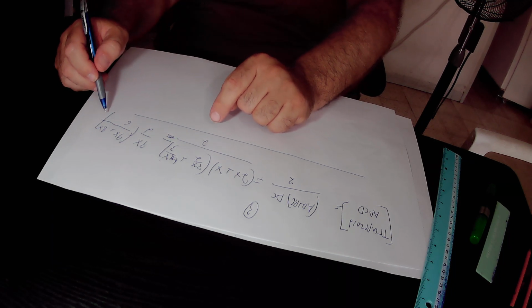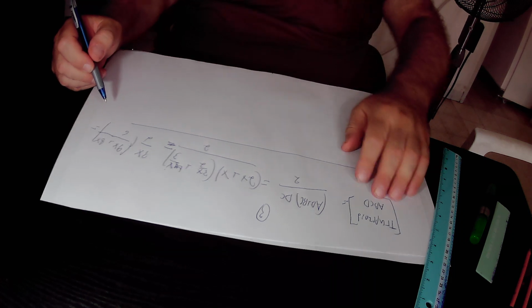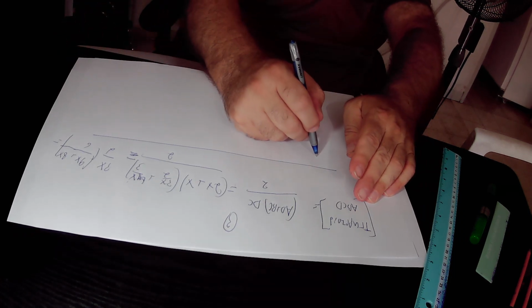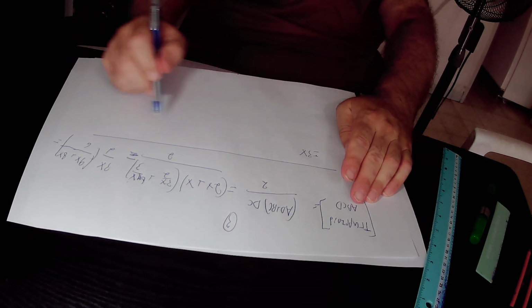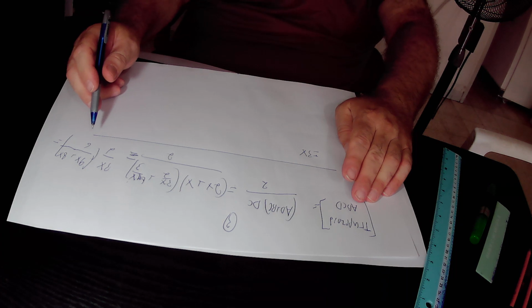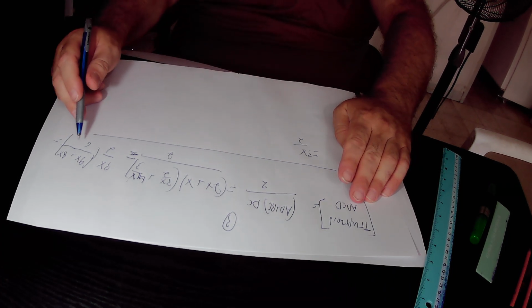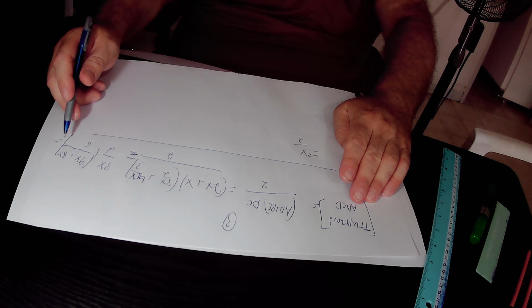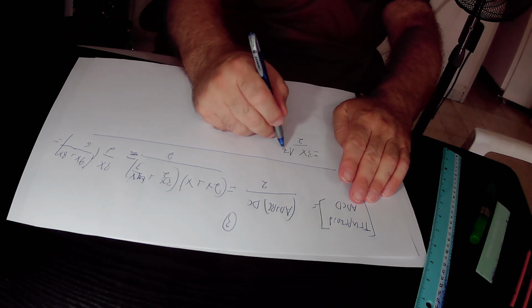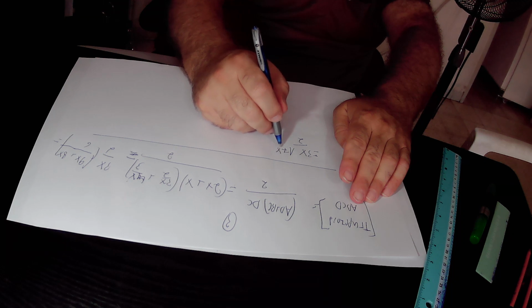In total, the area of trapezoid ABCD equals 3x over 2 times the brackets. Inside the brackets we have 9x plus 8x is 17x, divided by 6.